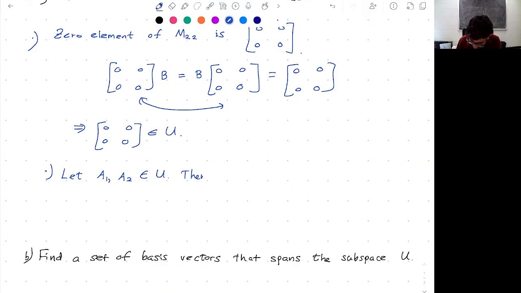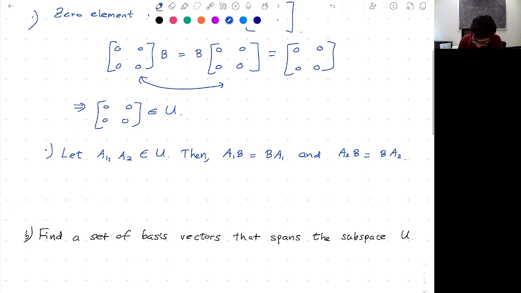Then if A1 and A2 are in the subset, both of them should commute with B. Then I can say A1B is equal to BA1 and A2B is equal to BA2.